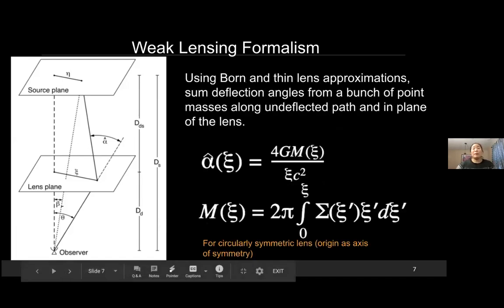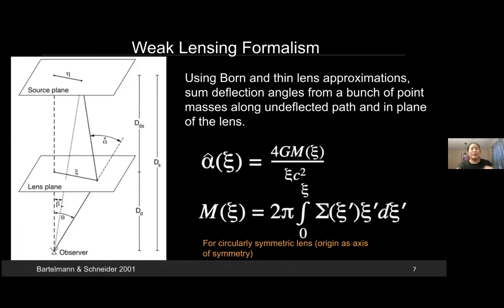And there are some approximations that we make here for this weak lensing regime. Before, in the previous slide, you saw what the deflection angle was for a point mass. Now we're going to use the Born approximation to sum these deflection angles from a bunch of point masses.